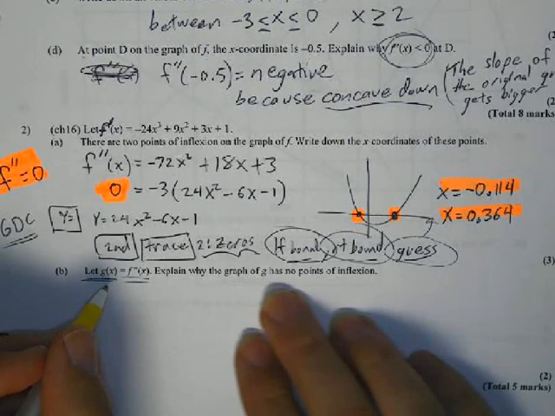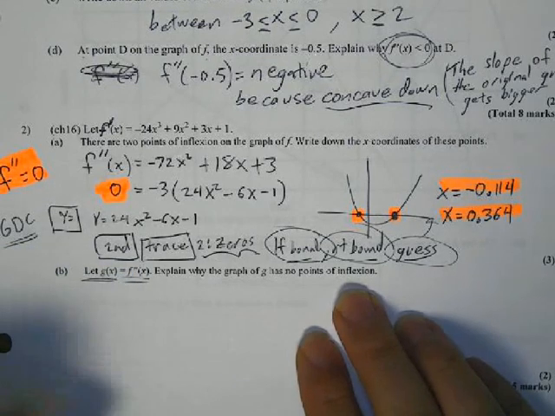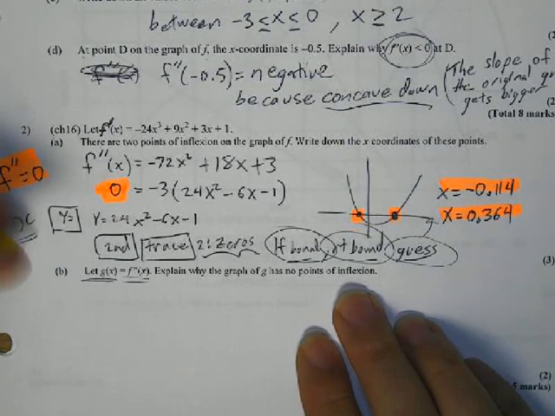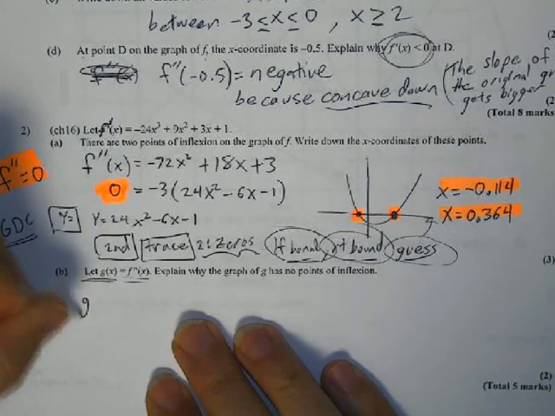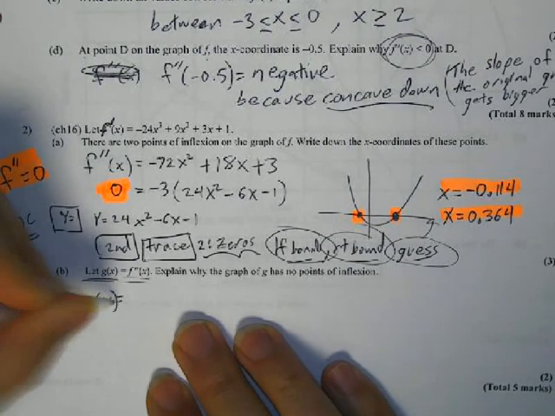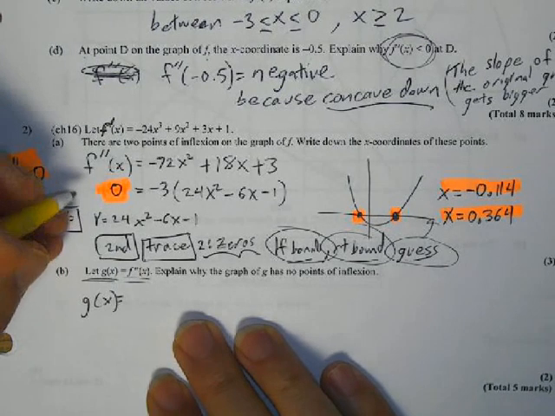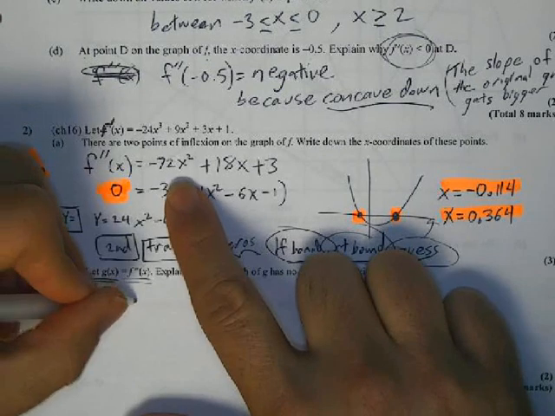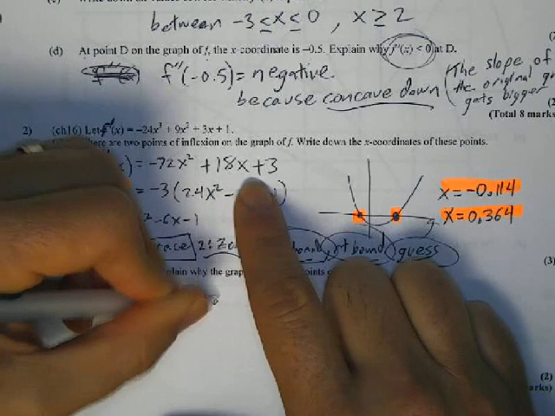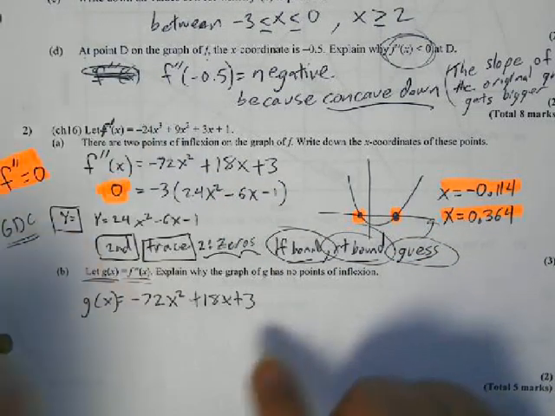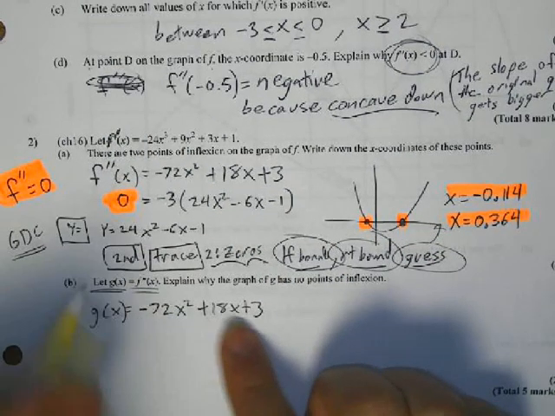Okay, so let g of x be the second derivative. Explain why the graph has no inflection points. Okay, so g of x is equal to the second derivative. So my second derivative is negative 72x squared plus 18x plus 3. So I've got g of x, which is this function that we just got up here.